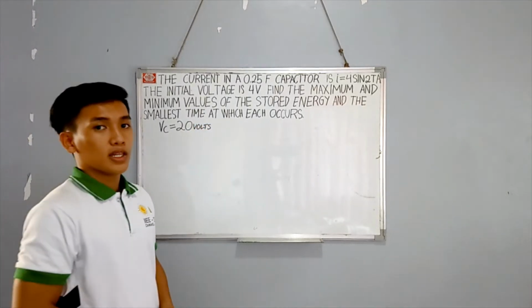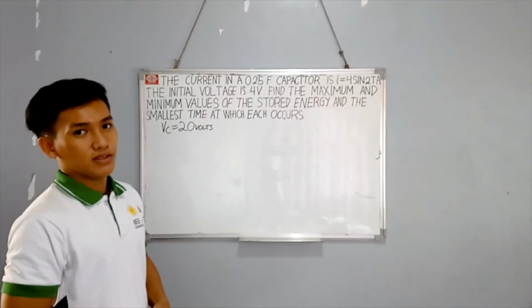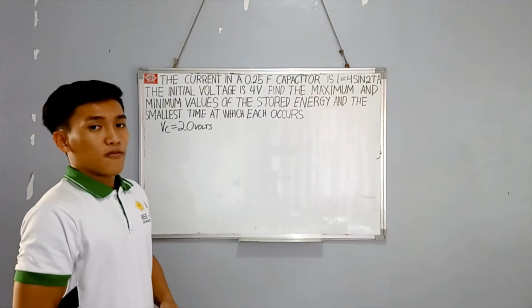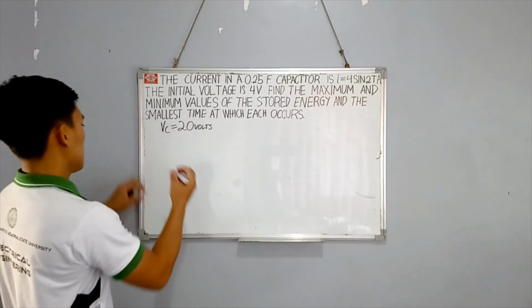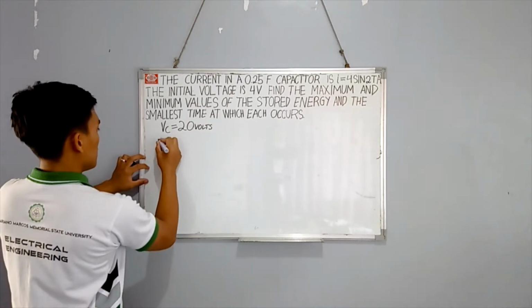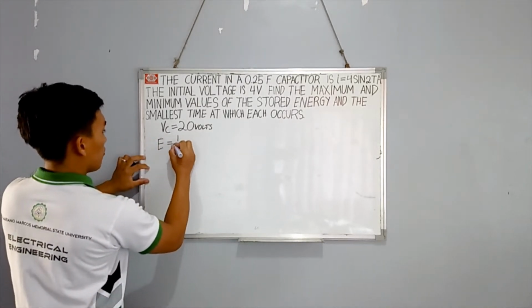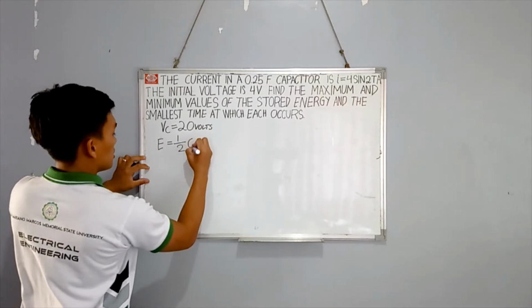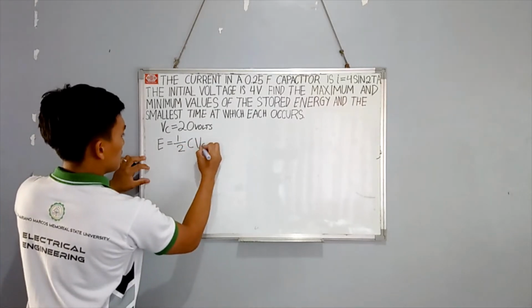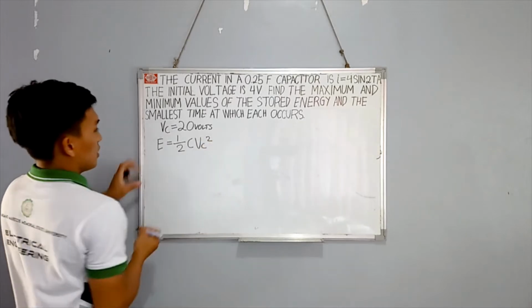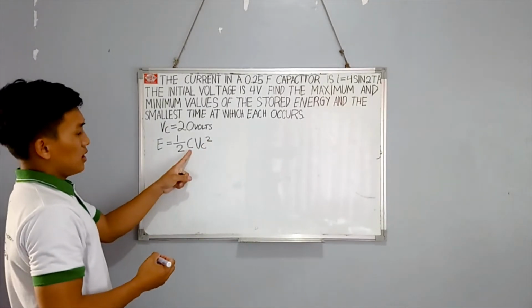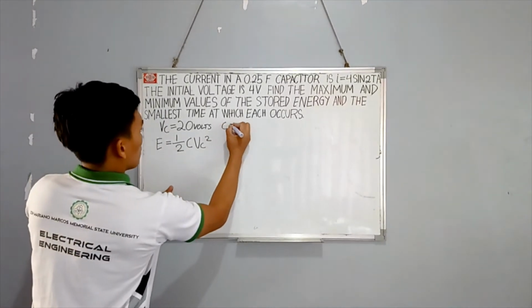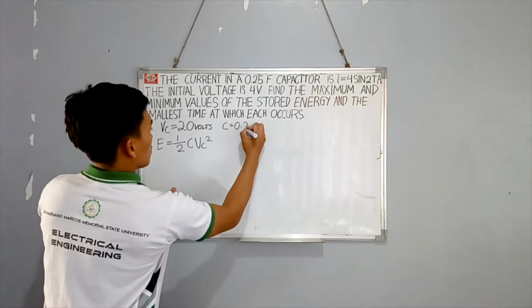As we obtained the max voltage of the capacitor, which is 20 volts, we are now ready to get the maximum value of the stored energy. The formula that we will use is E = 1/2 C Vc squared, and C is 0.25 farad.